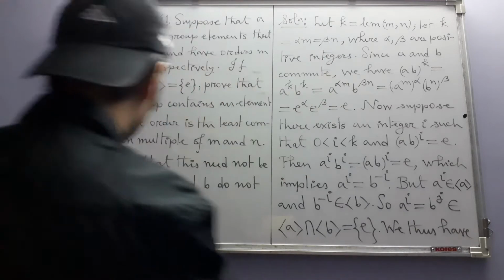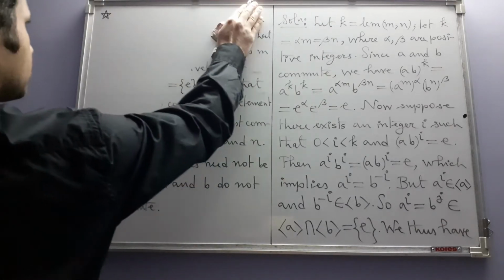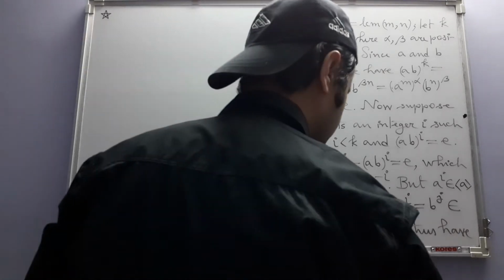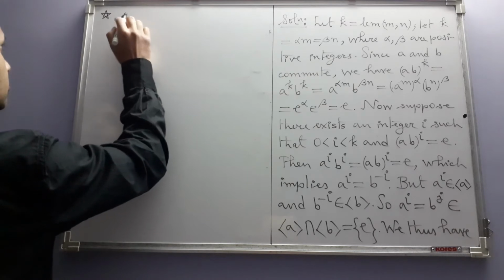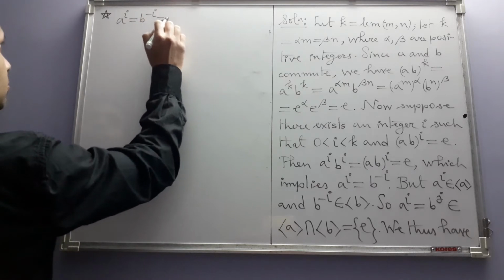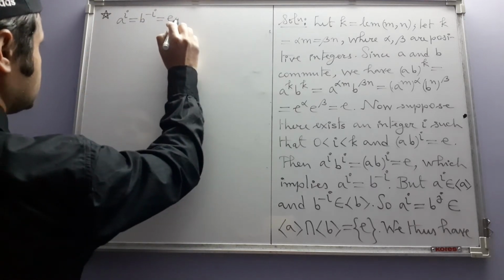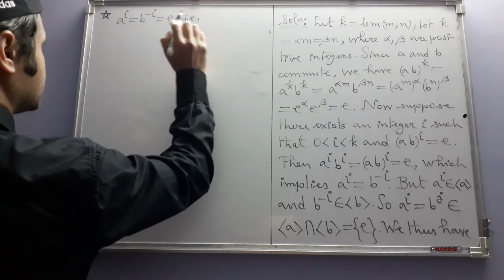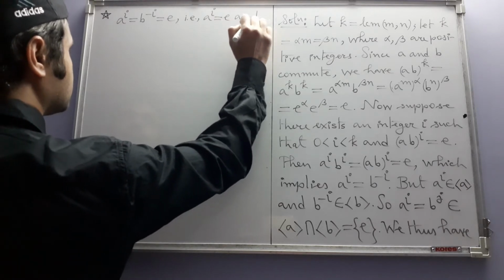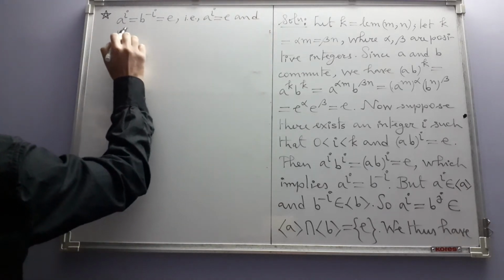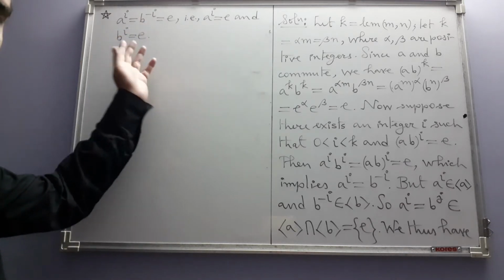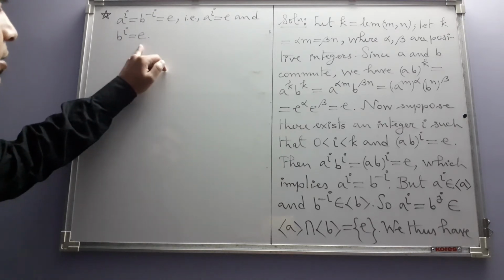We thus have A to the power I equal to E and B to the power I is also equal to E, because B to the power minus I is E. So if you take inverse on both sides, you will get this.